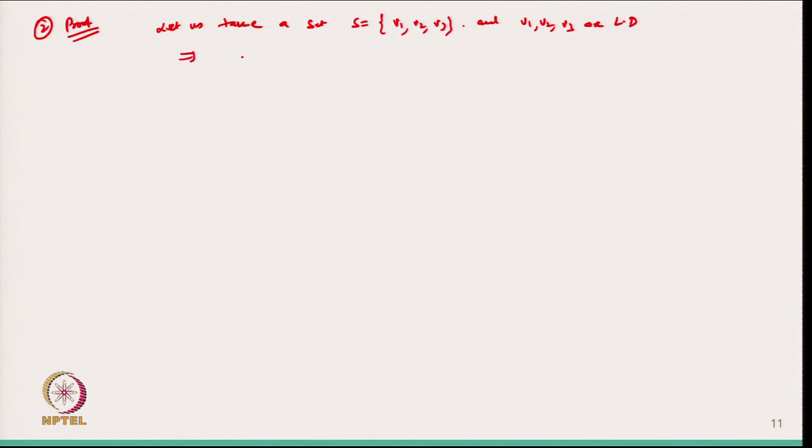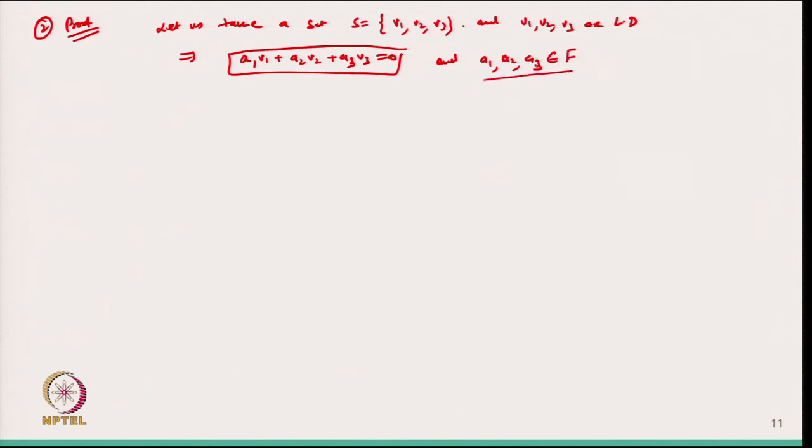So, from here it means that A1 V1 plus A2 V2 plus A3 V3 is equal to 0, and A1, A2, A3 belong to the field F, and they need not be 0. So, they are LD. It may be 0 or not, it does not matter.